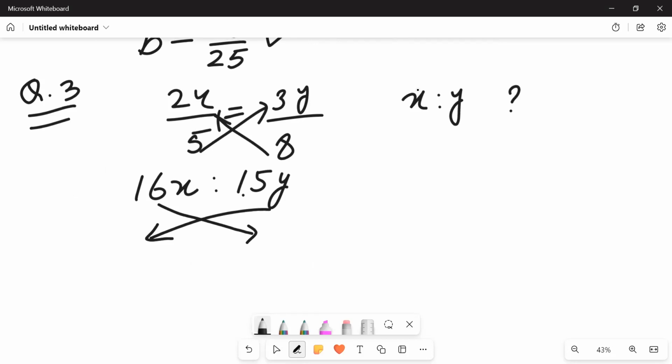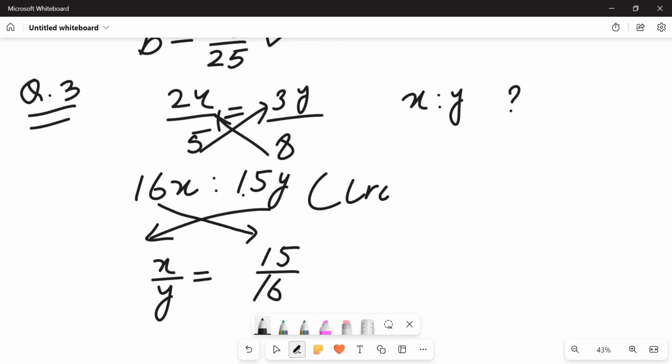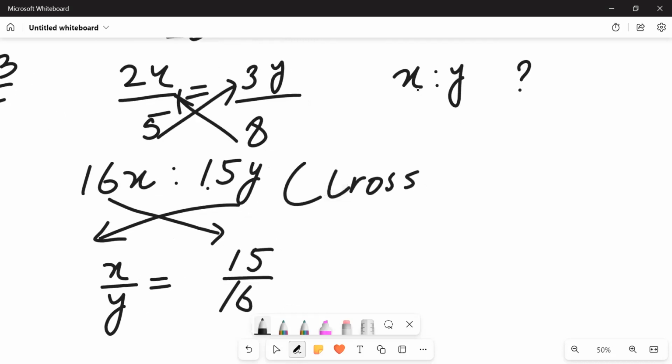So I will write x over y is equal to 15 over 16. So this is the ratio of x and y by cross multiplication.